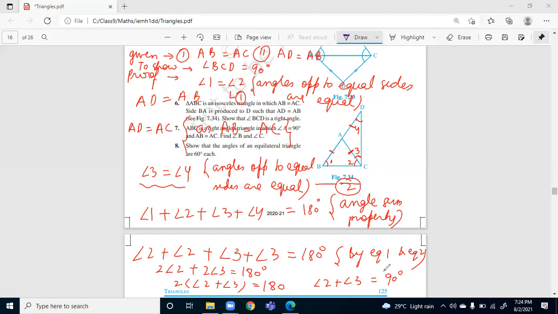So the question seems difficult and it is also an important question because it requires two or three concepts to be put in that solution.